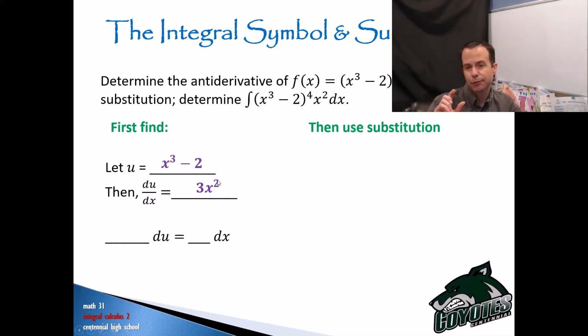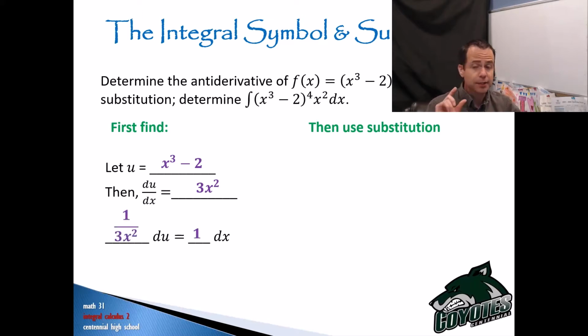I would like to now rearrange that statement so that I have dx by itself. Essentially du divided by 3x squared would be dx, which means 1 over 3x squared du would be dx.